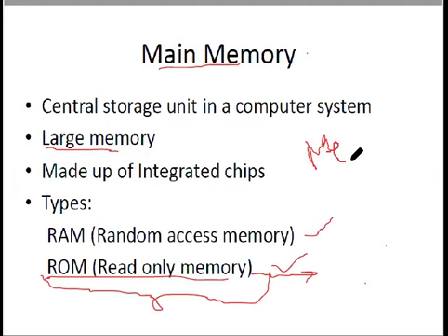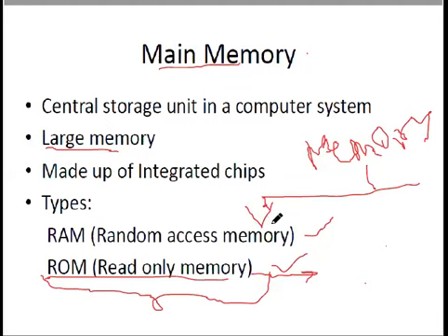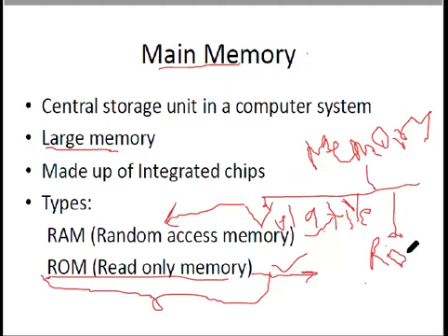One is a volatile memory system, and the other one is non-volatile. The volatile memory system is RAM, whereas the non-volatile memory system is ROM.